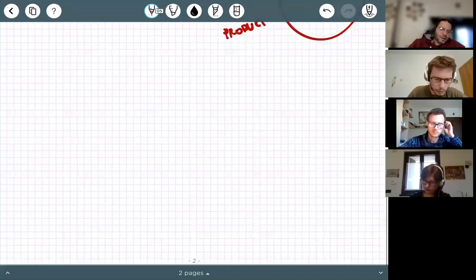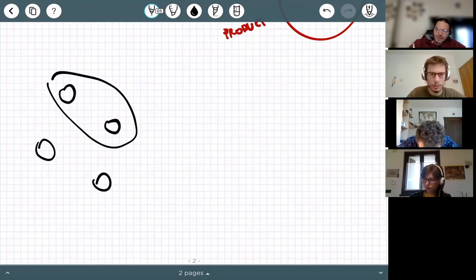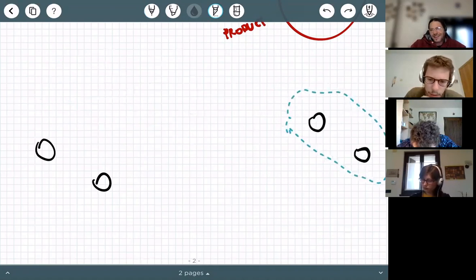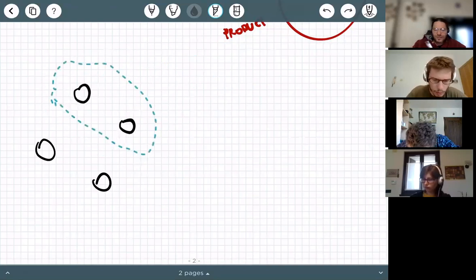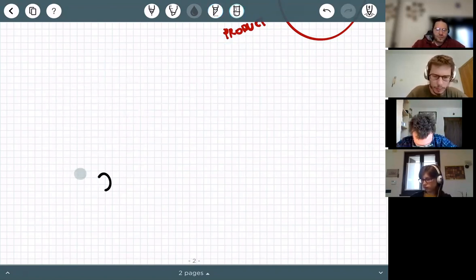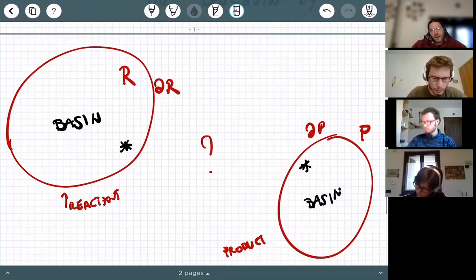Because if the system contains many basins, then we can chop off these two basins and study the transitions separately with transition path theory, and then combine all these transitions together to get the picture in the more complex environment where you have more than two basins. So limiting ourselves to a system with just two basins doesn't really shrink the applicability of the theory. It simply sets us in a theoretical framework that avoids unnecessary complication.